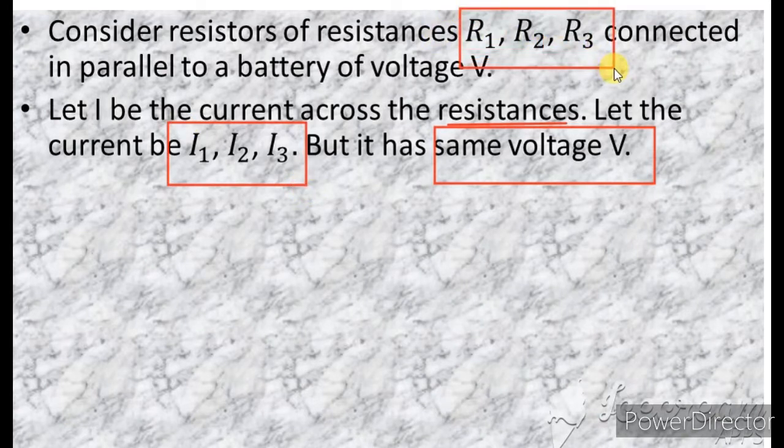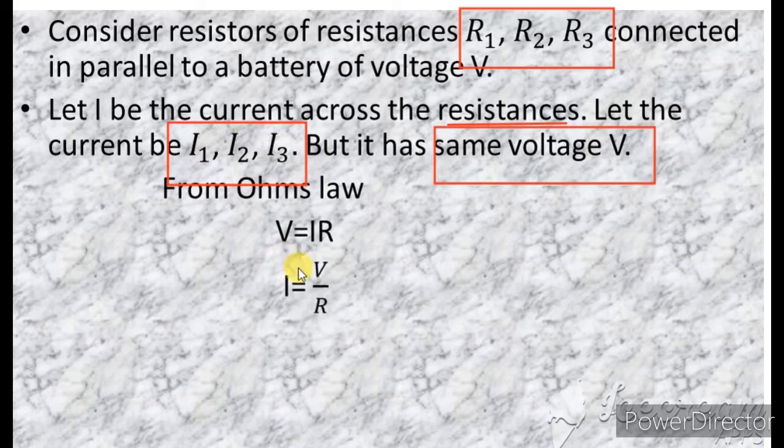Resistors will always be different because we are going to find only the resistors. From Ohm's law we know V is equal to I into R. So what is changing here? I1, I2 and I3 are changing. So we can write the formula for I from this. I is equal to V by R.